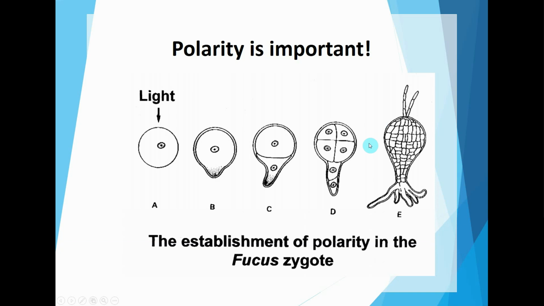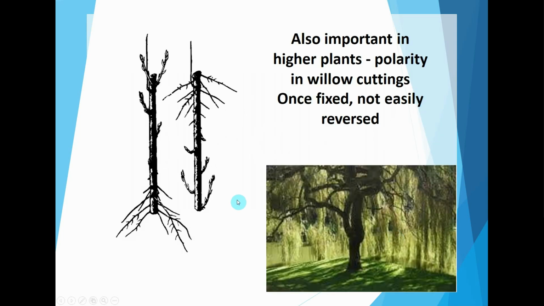But when you start getting to this phase, this is a fungus, by the way, a fungus zygote, when you start getting to this stage, you've already got, because remember, the apical meristematic regions are formed during embryogenesis, an established shoot apical meristematic region up here and a root apical meristematic region down here. It's already established.